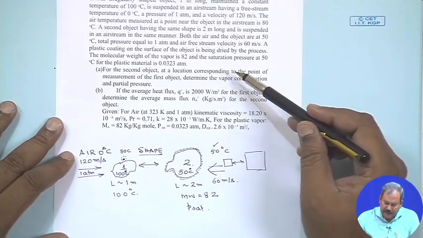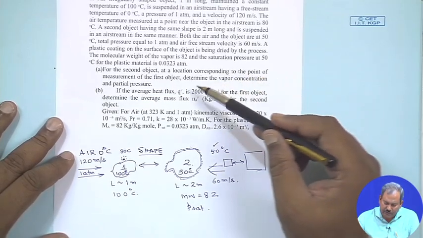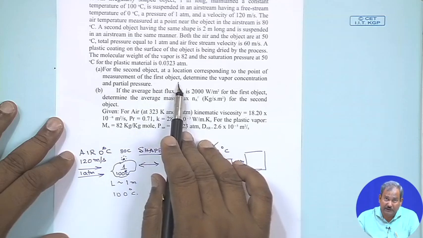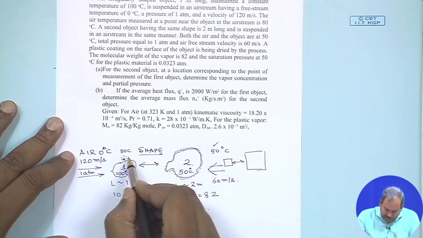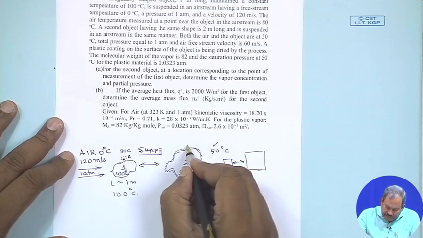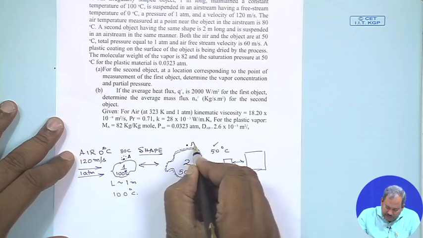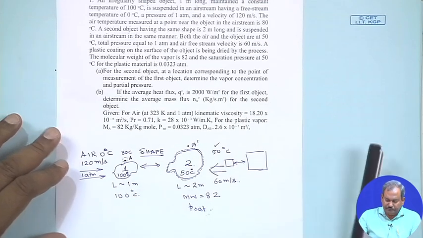What you have to do is, for the second object at a location corresponding to the point of measurement on the first object, determine the vapor concentration and partial pressure. So, if this is your location which I call A, there is a corresponding location over here which I call A prime.